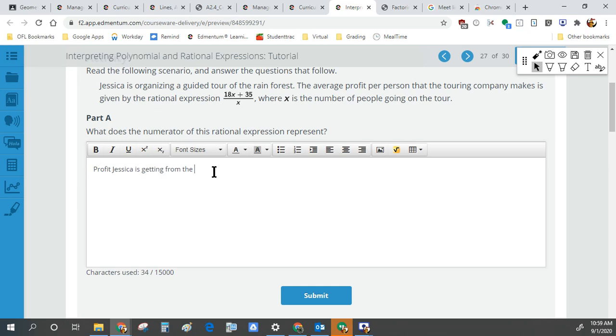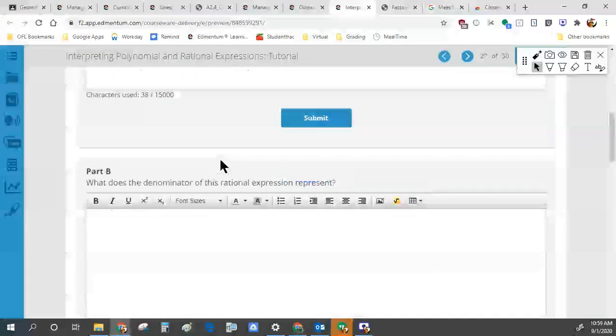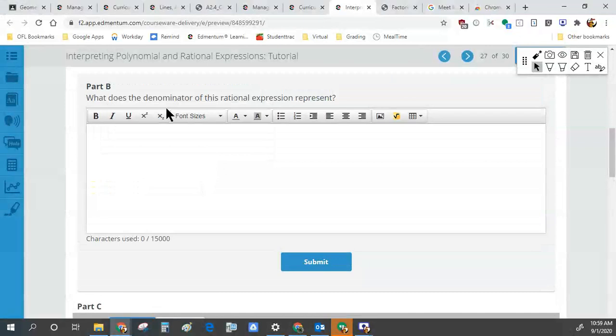Total profit. You could leave it like that, or to be more grammatically correct, total profit Jessica gets from the tour. Assuming we're going to figure out what that plus 35 means later, what does the denominator represent?